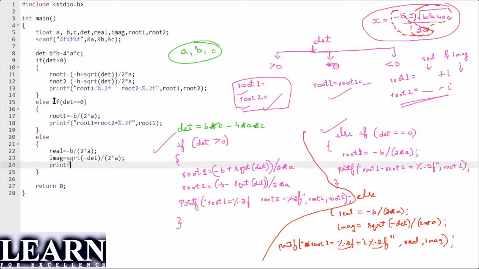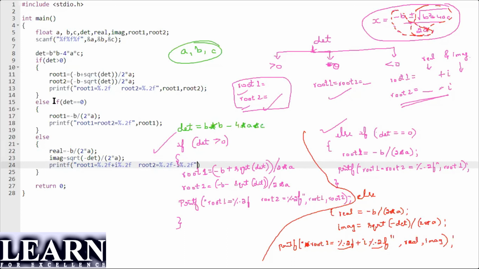At last, I'll move on to the printf part, where I'll print root 1 equals the real part, point 2f, plus i percentage point 2f. This is root 1. Similarly, root 2 equals percentage point 2f minus i percentage point 2f.